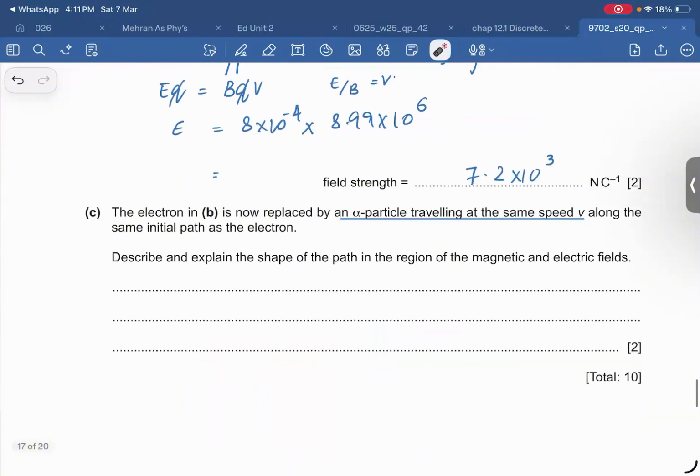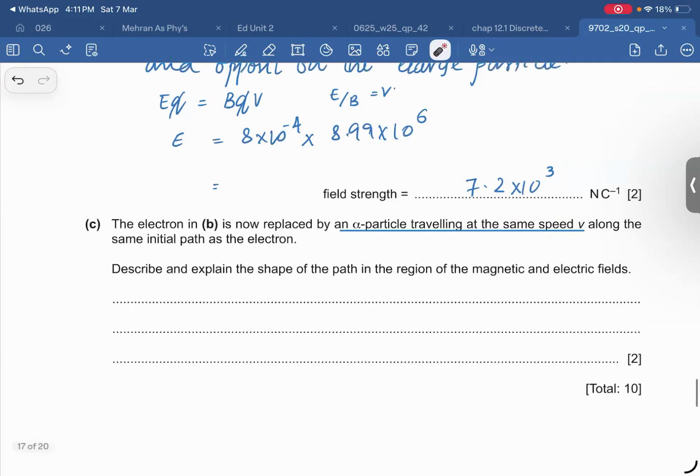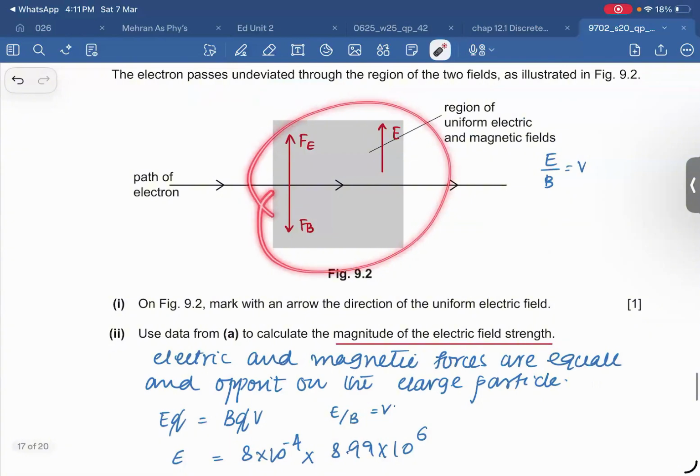So over here, the alpha particle has twice the charge of the electron, and it is positive. That is the first thing, and the second thing is the same velocity. If the velocity is the same, then it will go undeviated, because in this type of concept only velocity is a factor that causes a change.